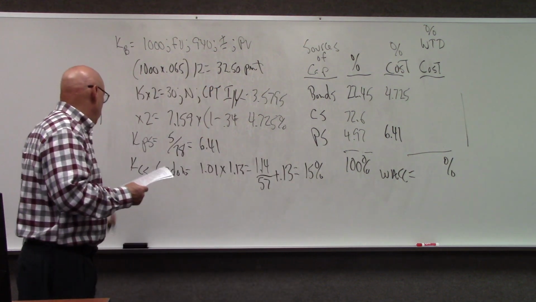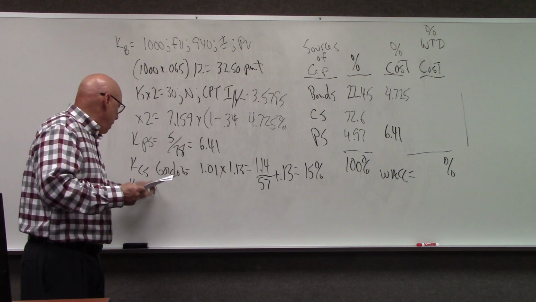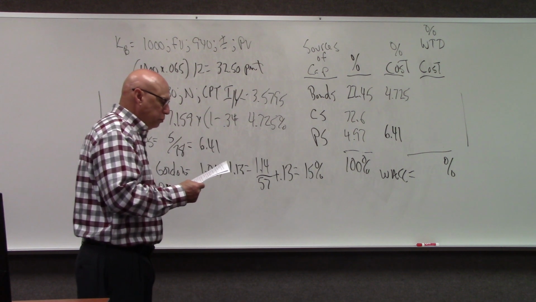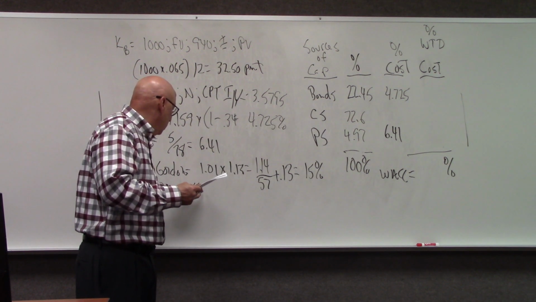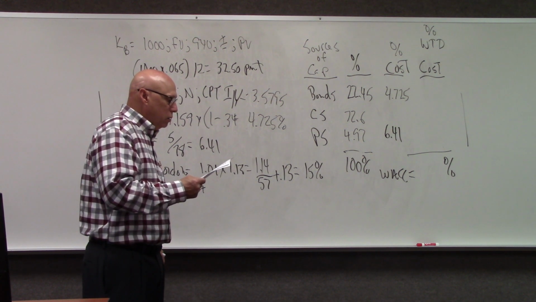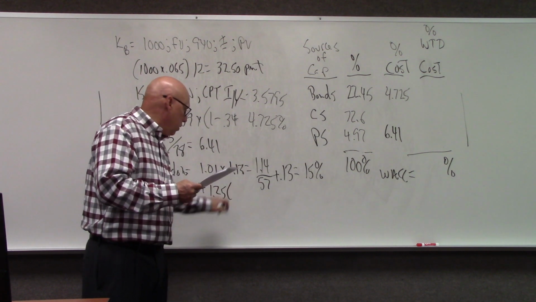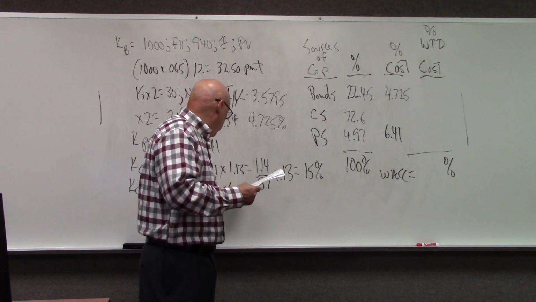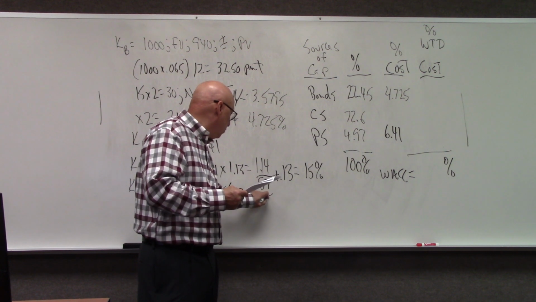15%. Now, we'll find the cost of common stock using CAPM. And the risk-free rate is 0.055, and the beta is 1.25 times the expected return for the market, which is 0.135 minus the risk-free rate 0.055.